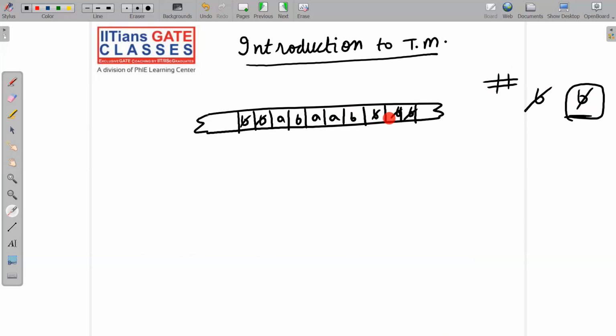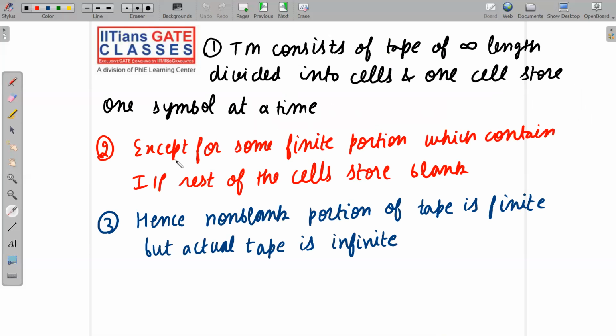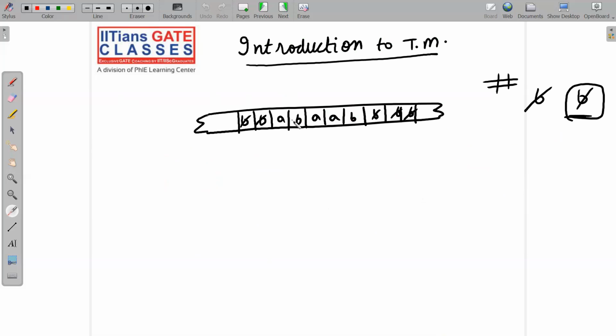So what I was saying is that except for some finite portion which contains the input, the rest of the cells store blank. See the next point: except for some finite portion which contains input, the rest of the cells store blank. See here carefully, the non-blank portion is finite. We have only 5 cells in which we are storing the input.